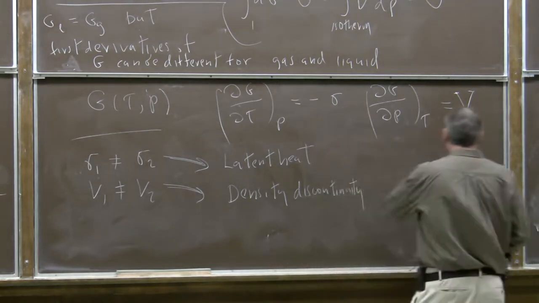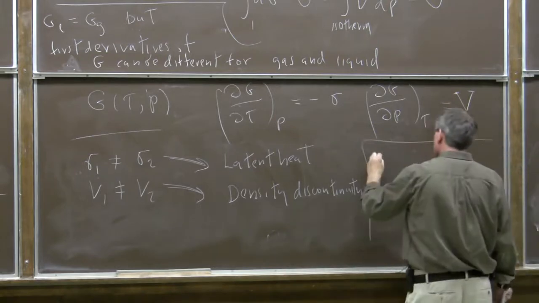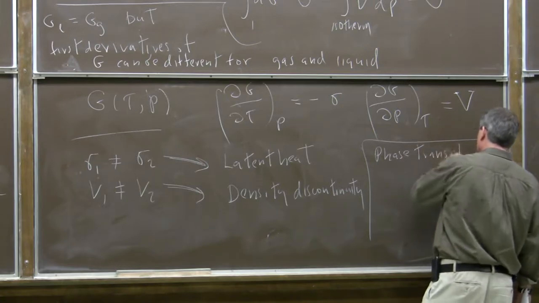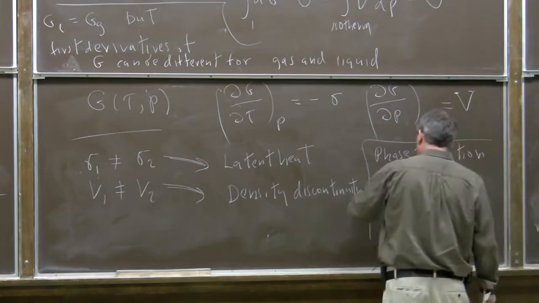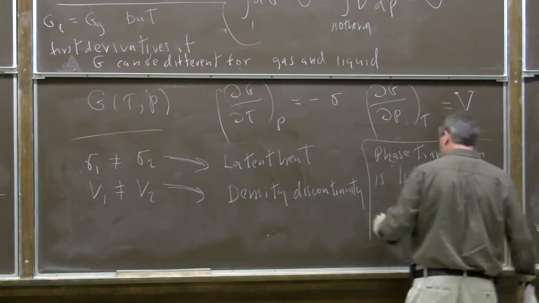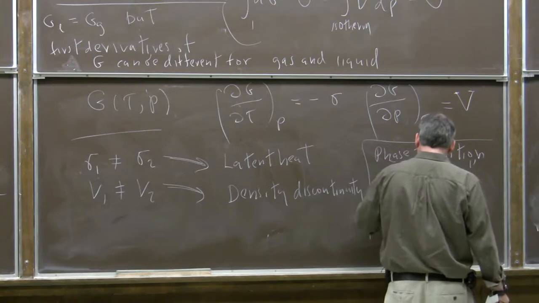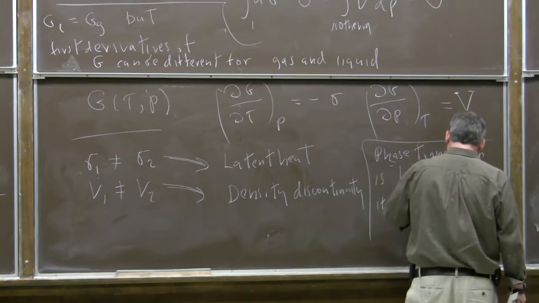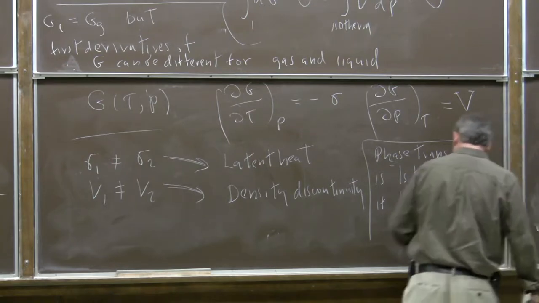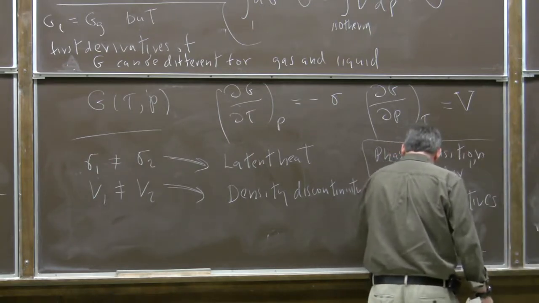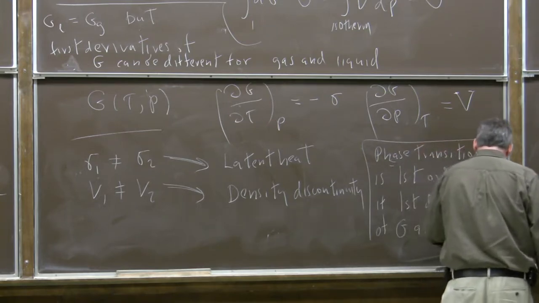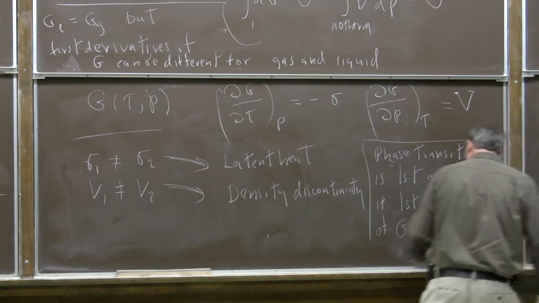So we say that a phase transition is first order if first derivatives of free energy, in particular Gibbs free energy, are discontinuous at transition.